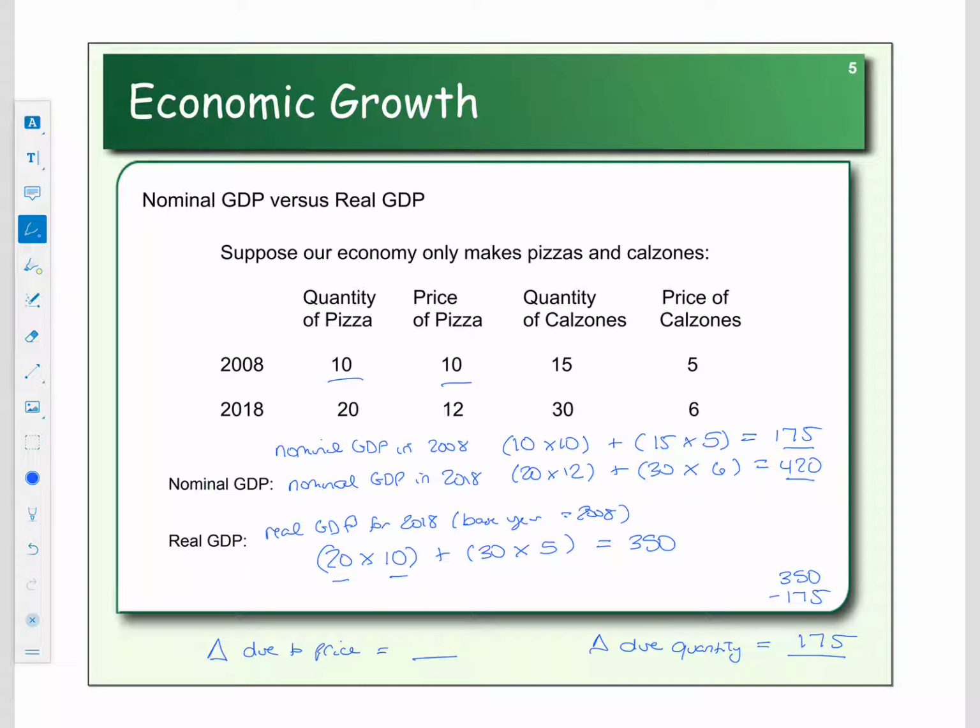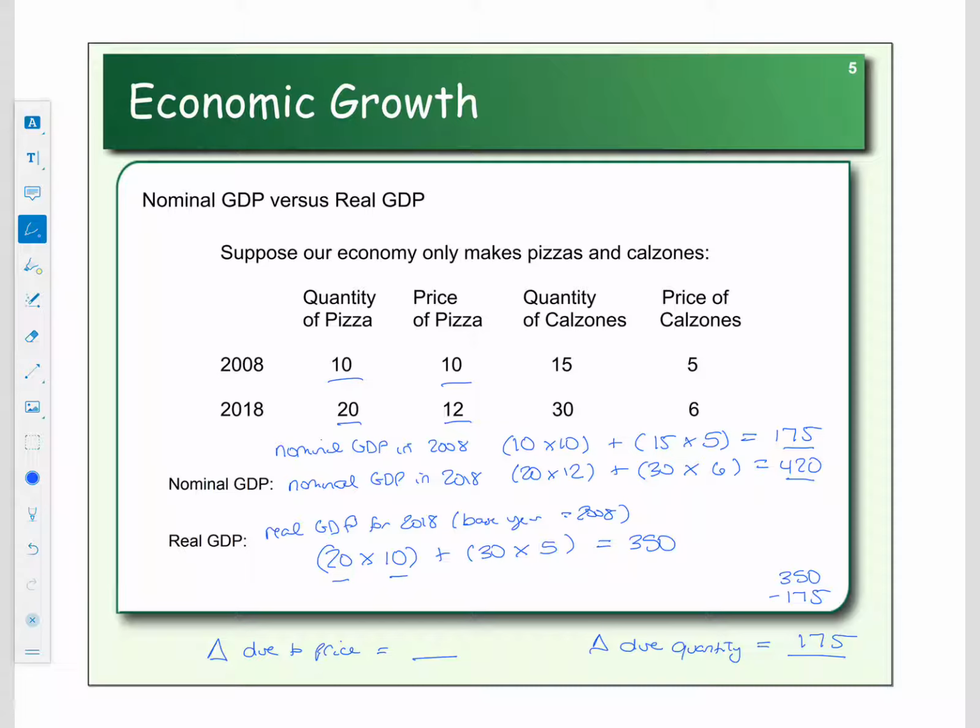Now, let's look at the formula that's nominal GDP in 2018. The nominal GDP in 2018 used quantities from 2018 and prices from 2018.